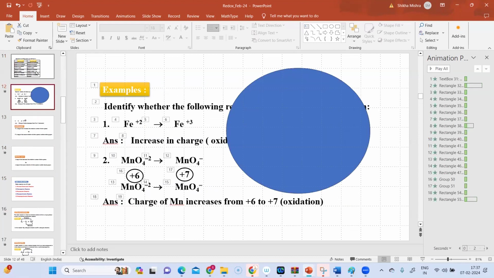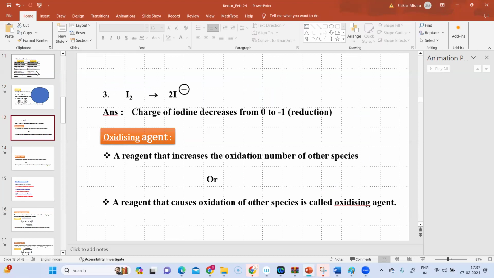Then similarly, you must be knowing what is an oxidizing agent and what is a reducing agent. It is very important, as a class 11th student, that we remember that loss of electron is oxidation. Anything which undergoes oxidation will be a reducing agent. Just remember they are opposite of each other, right?